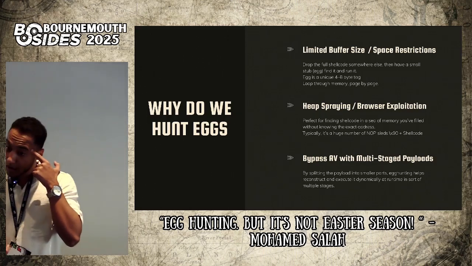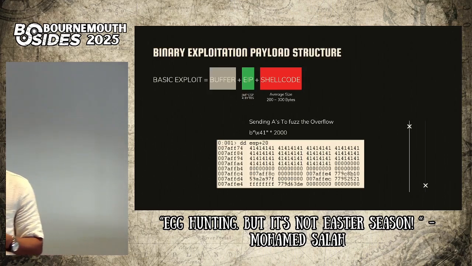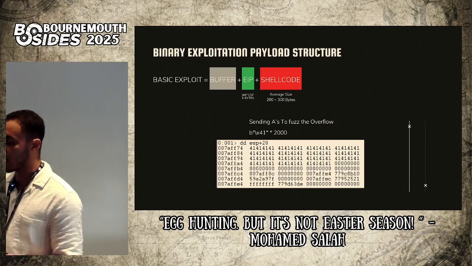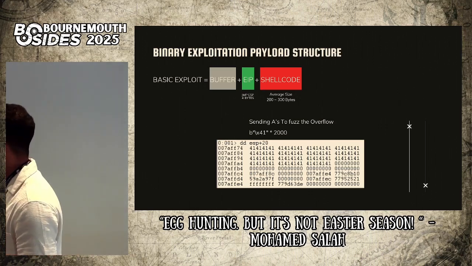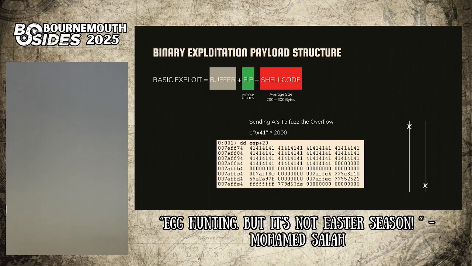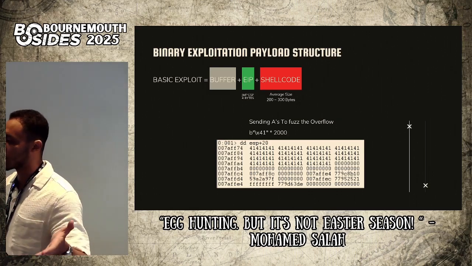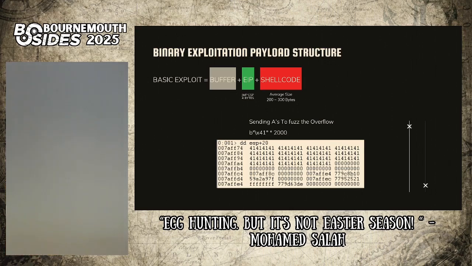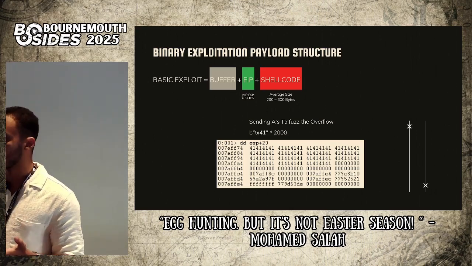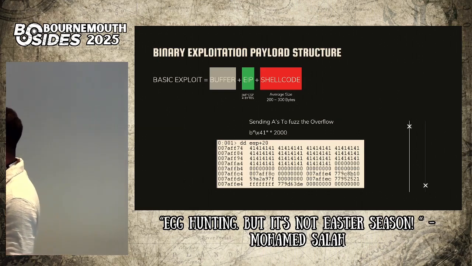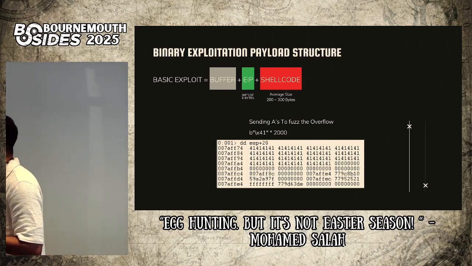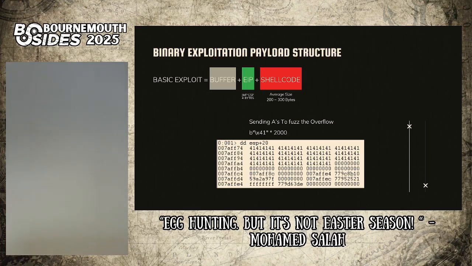So, a little bit of recap for those not familiar with binary exploitation or exploit development. The basic exploit would have the buffer, then the instruction pointer. You overflow the application or the executable, try to find the instruction pointer, where you can instruct the application to do whatever you want, and then you put the shellcode after that, which is what you need the application to execute. For the instruction pointer, you can jump to the ESP, which is 4 bytes.